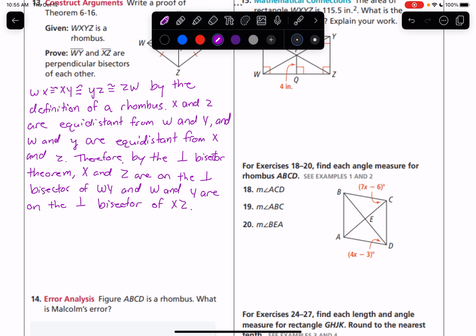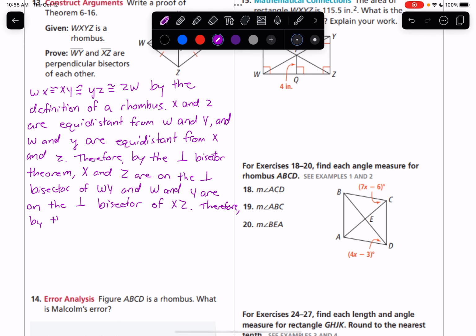And since that is true, since X and Z are both on the perpendicular bisector, that means that the line XZ that you create by connecting those is the perpendicular bisector of WY. So therefore, and this reason is kind of weird, it's by the definition of a line, since we can draw a line between any 2 points.